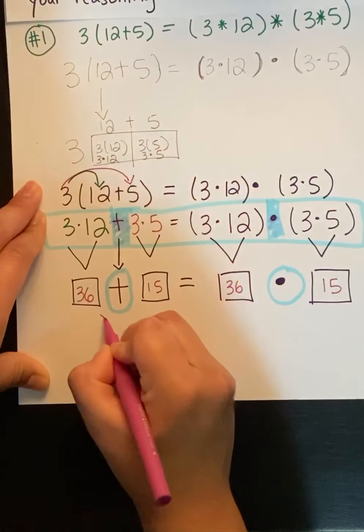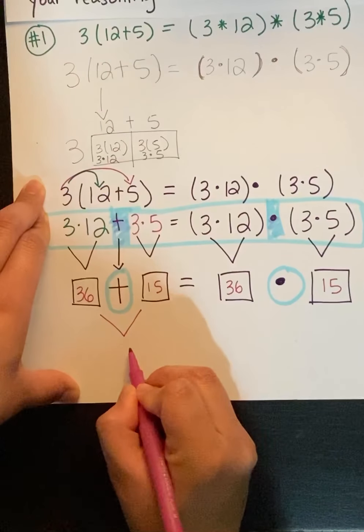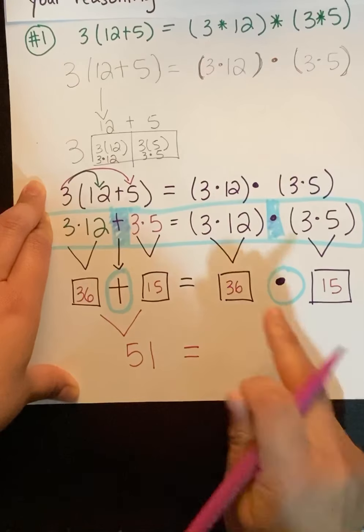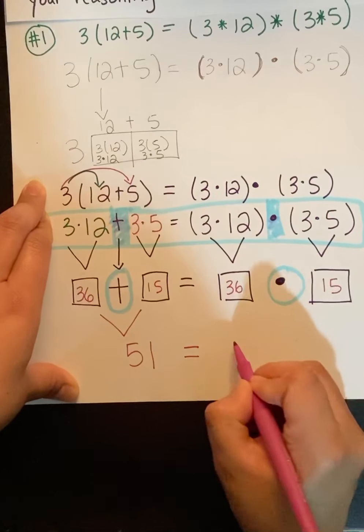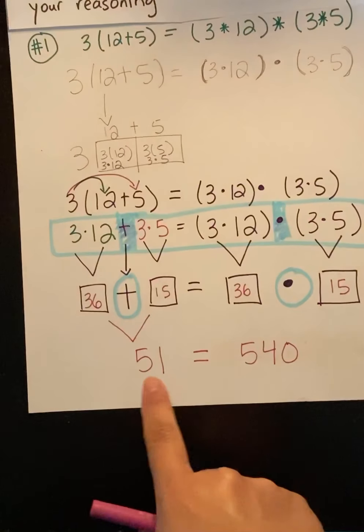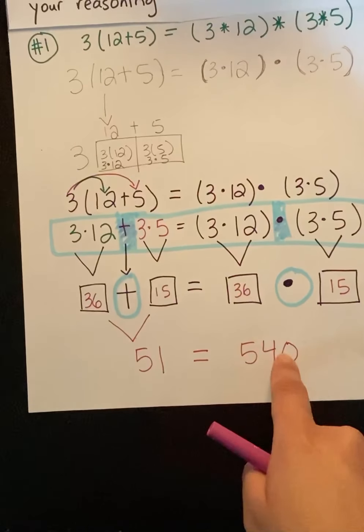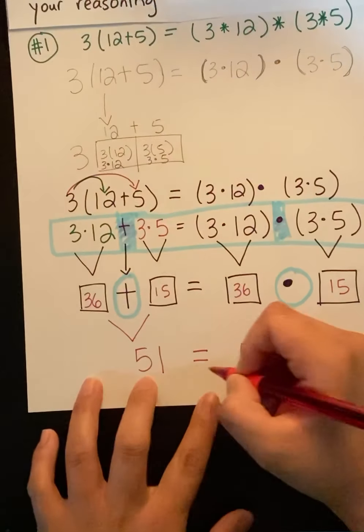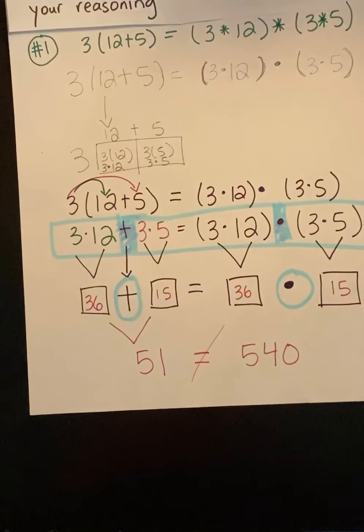If I add 36 and 15, I get 51. Bring down my equal sign. 36 times 15 is 540. And does 51 equal 540? No, it doesn't. So I'm going to take my red marker and put a big dash through the equal sign.